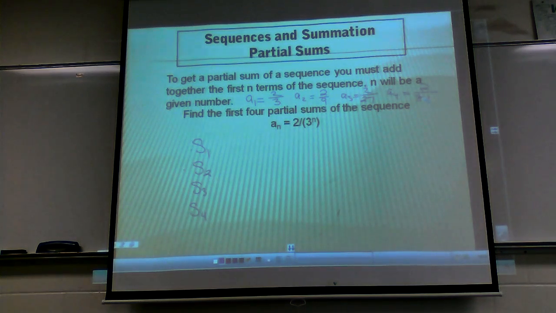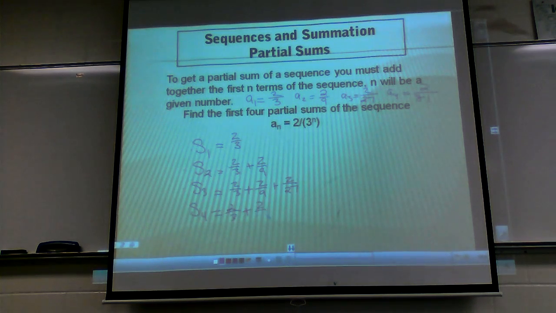All right, so as you're writing these out, anytime partial sums comes up, or they talk about finding the sum of terms, all of this work is expected to be there. So the sum of the first term is just the first term. The sum of the first 2 terms would be those added together. The sum of the first 3 would be those added together, and then 4 would be the first 4.